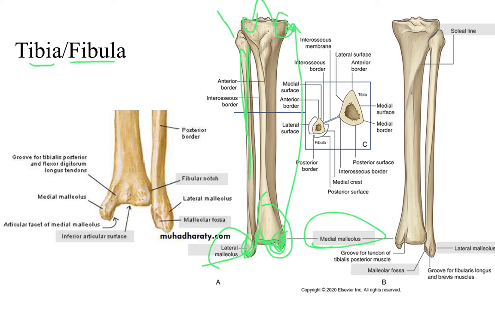And although it's not shown here, the tibia and fibula are connected to each other by what we call an interosseous membrane. There will be a membrane between those two that will allow them to be connected so they don't move too much independently of one another.